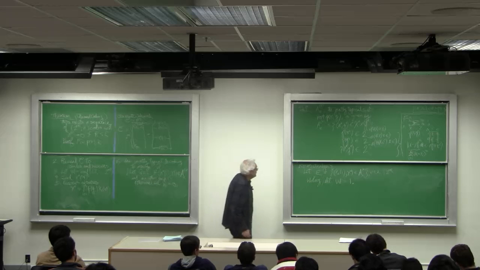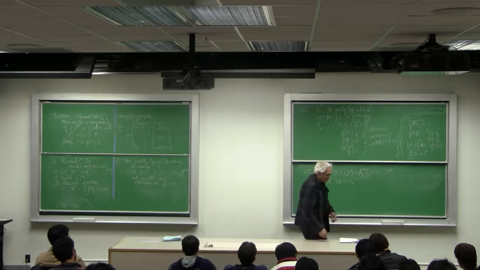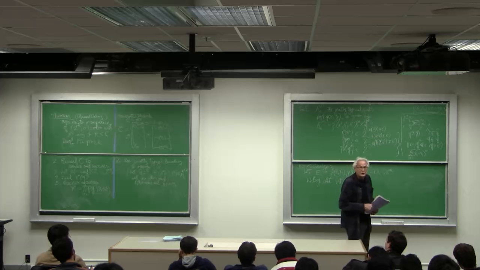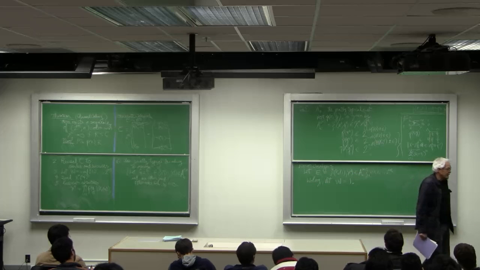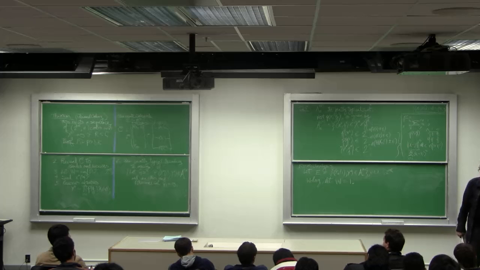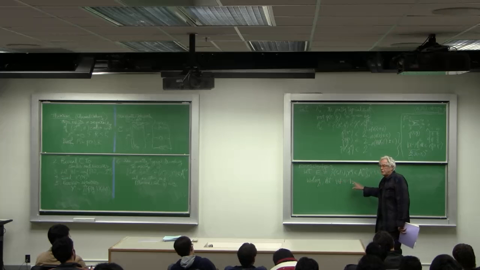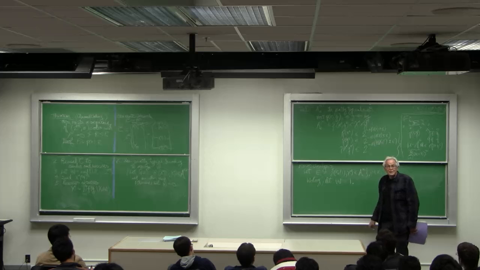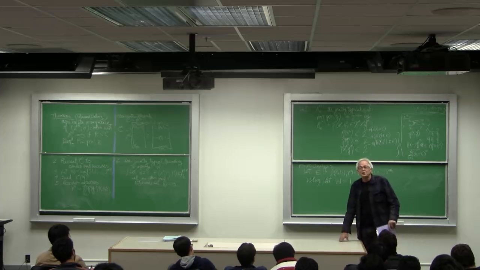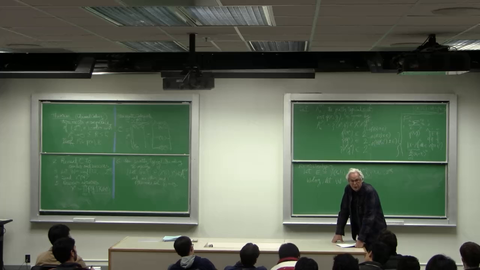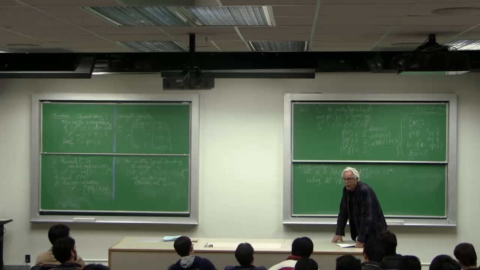And my decoding rule is symmetric. I just look for the uniquely jointly typical cause for my effect. So I will calculate the conditional probability of error given W equals 1. That will be the same as the overall probability of error averaged over all W, where W is uniformly drawn.